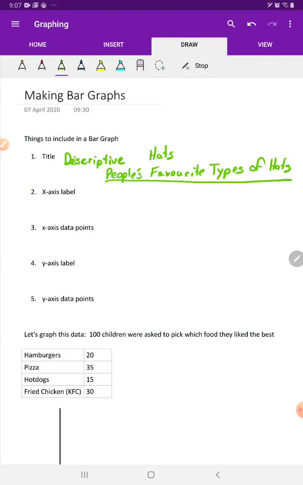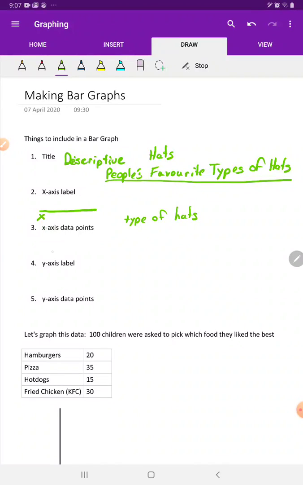All right. Number two, the axis label. The x-axis label, remember this is your x-axis, the one that goes this direction. So we want to call it something like "type of hats."